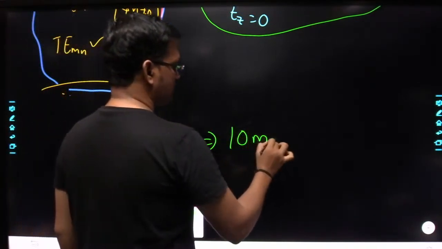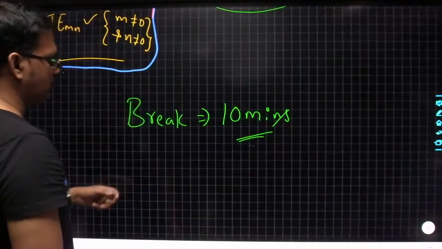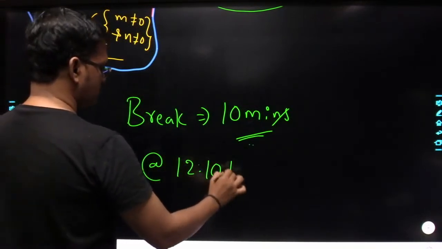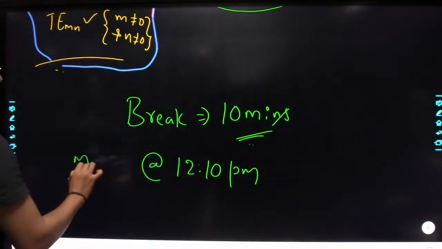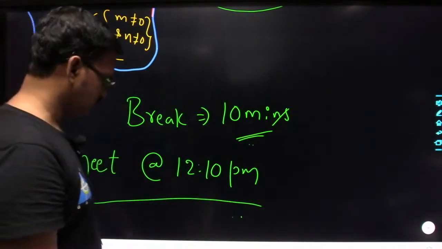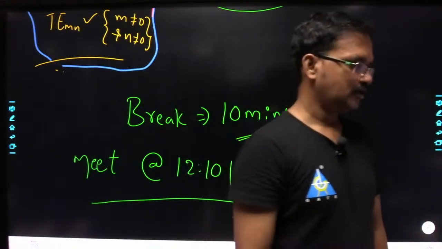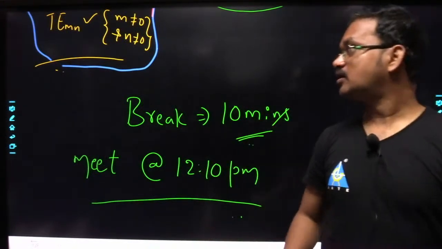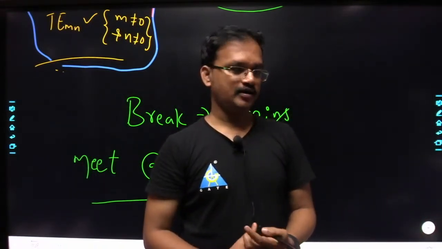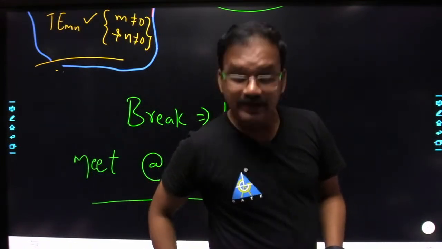We'll meet again at 12:10 p.m. It is almost 12 o'clock now. After the break we'll continue this one here. I hope each and everything is crystal clear. So we'll meet after 10 minutes.